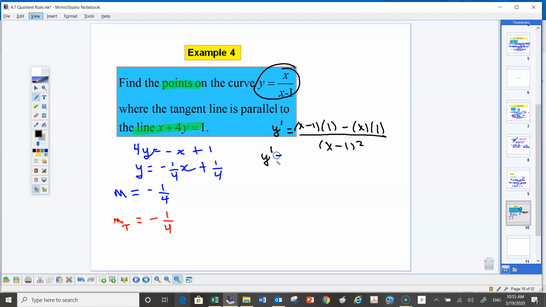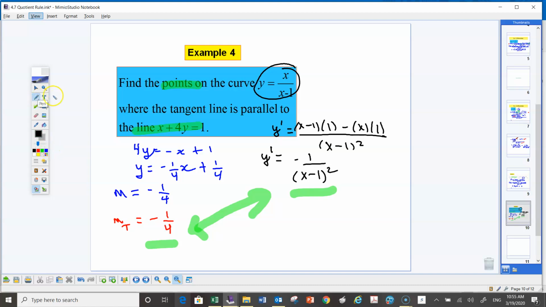If you were to simplify this derivative, you would end up getting negative 1 over x minus 1 all squared. So now we have the slope of the tangent line is negative 1/4, and we have the equation for the slope of the tangent line, which is negative 1 over x minus 1 all squared. So therefore, these two things have to be equal to each other.